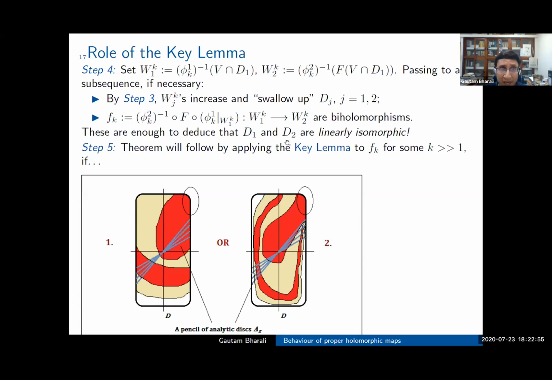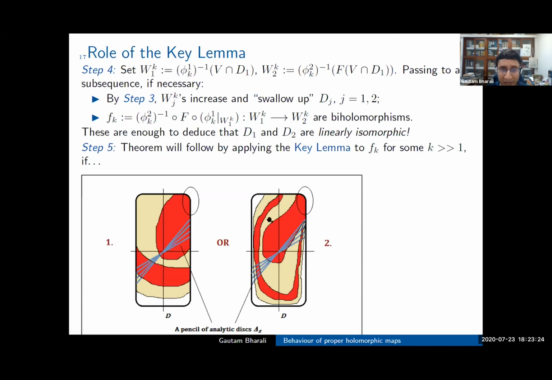The info I have in step 3 is not enough to infer that at some stage, some W1 upper K is going to be large enough to swallow up this pencil of disks, and the corresponding W2 is also going to swallow up the associated pencil of disks delta sub Fz.